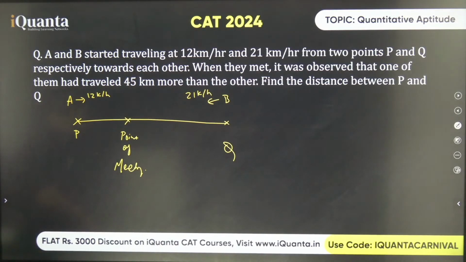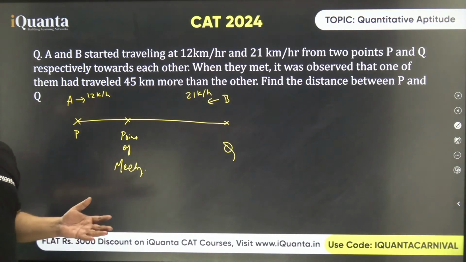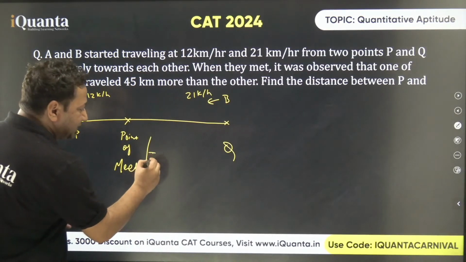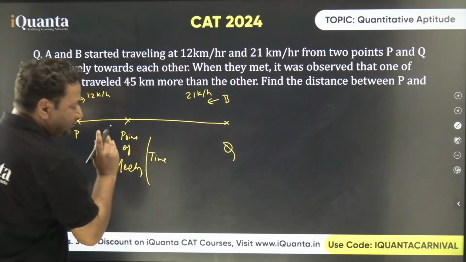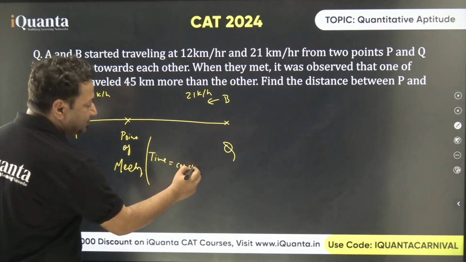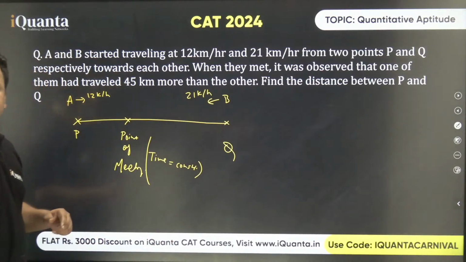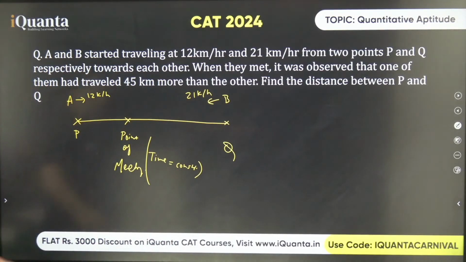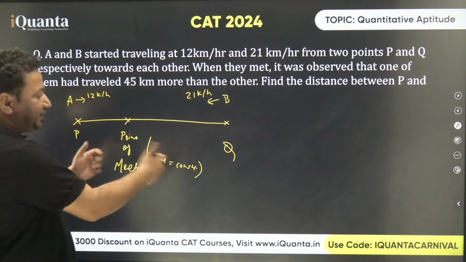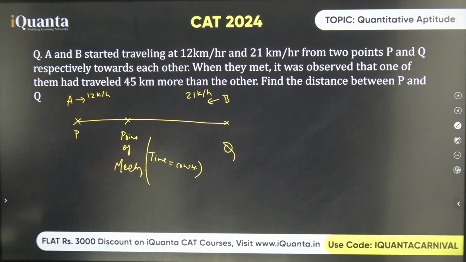Well done, Roshan. What is constant? Distance is constant, and also the time at the point of meeting is constant, isn't it? The time taken to reach this point is also constant. Overall distance is constant between P and Q, but at the point of meeting, time is constant. दोनों साथ में ही पहुंचे होंगे.